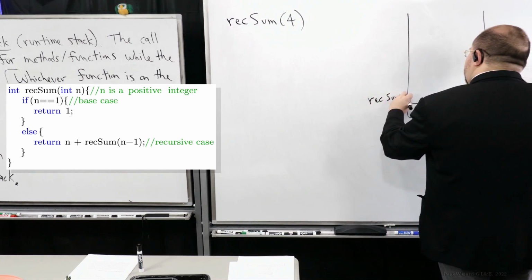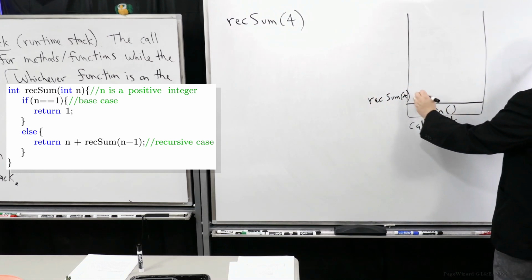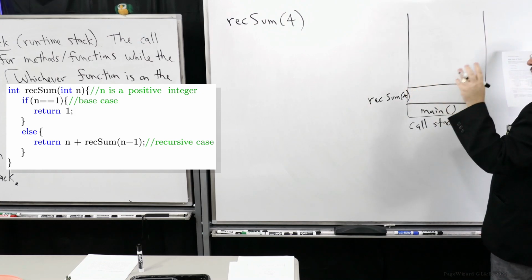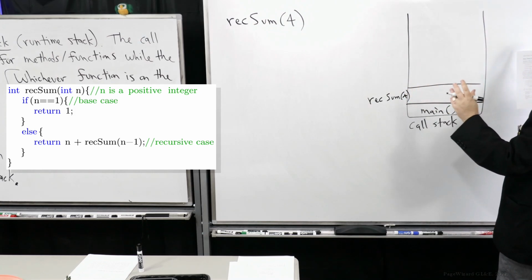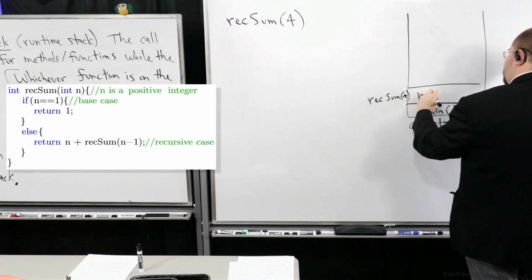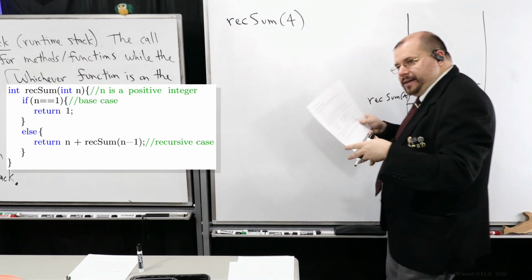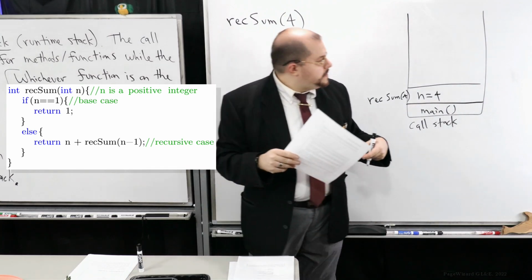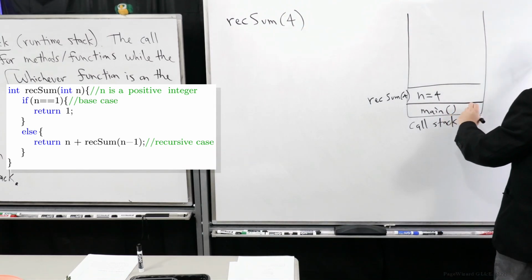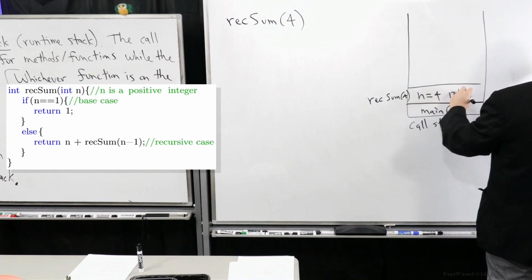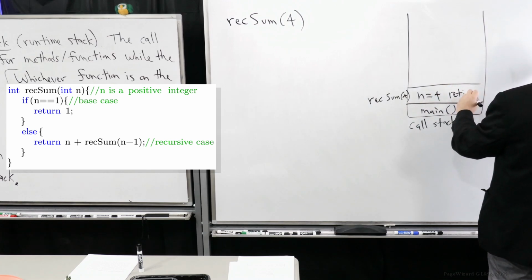So when it calls rec sum 4, it creates an activation record on the call stack. It'll include the parameters and any of the local variables as they get allocated, and of course, the return value as well. And of course, it'll tell us where to go when we're done.